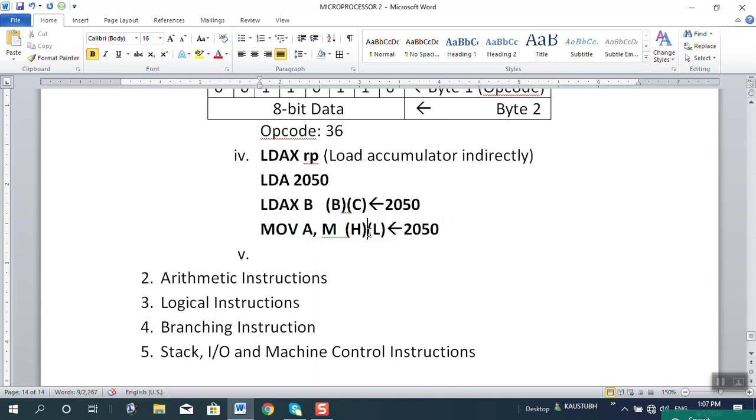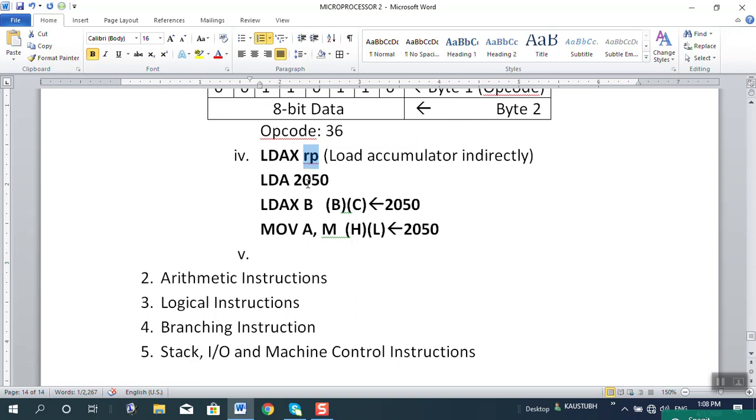Now, since HL is a dedicated register pair, in these instructions, although I already mentioned this RP means BC, DE, HL along with SP, the stack pointer, particularly for the instruction LDAX, RP stands for only BC and DE, not for HL, not for SP.